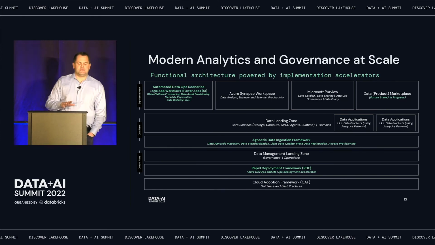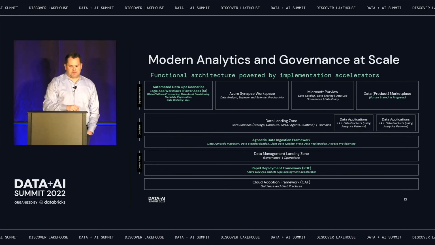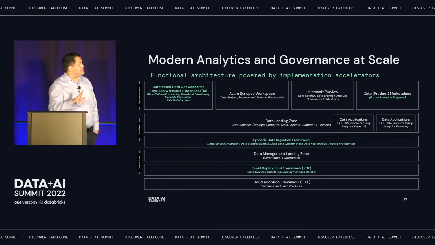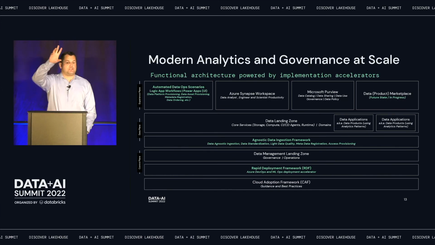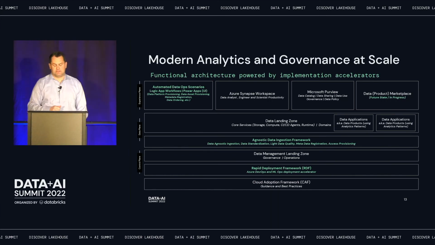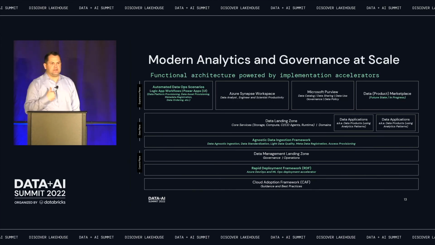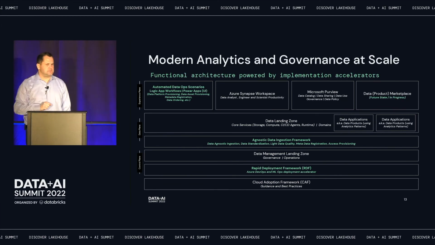You need deployment capabilities to start provisioning these platform building blocks that I've talked about. Management landing zone with the governance and operation. You need an agnostic ingestion, so you can support ingestion of data at scale and other platform build acceleration to support really accelerating or reducing the complexity associated with building data products.